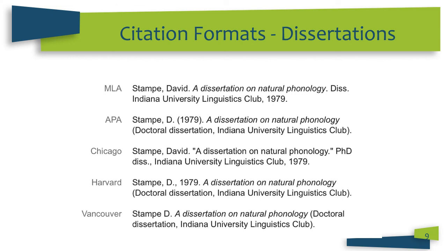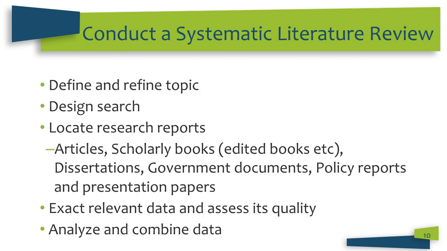Okay, so we looked at integrative or meta-analysis earlier. Now we'll quickly discuss what a systematic literature review is. The idea of a systematic literature review is not a different type of literature review. The concept is just doing your literature review systematically. So just like the idea of defining your research topic, you should begin a literature review with a clearly defined, well-focused research question and a plan.